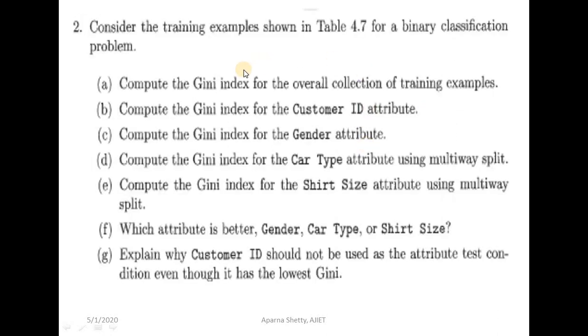For this table, you have to compute the Gini index for the overall collection of training examples. Next, compute the Gini index for the customer ID attribute. C, compute the Gini index for the gender attribute.